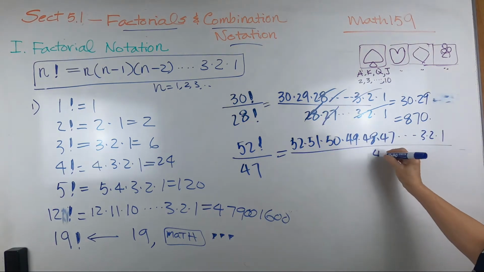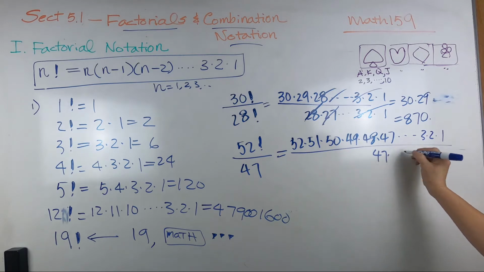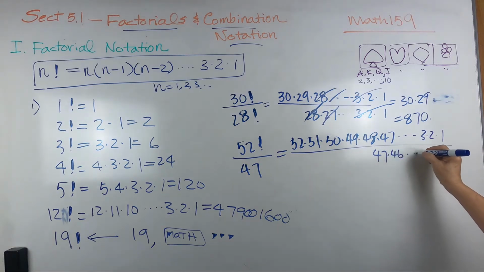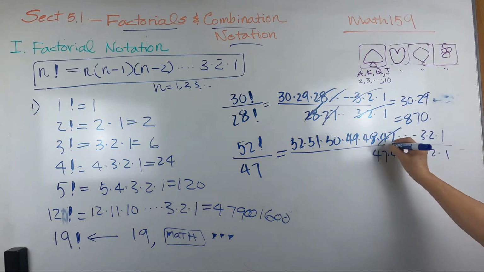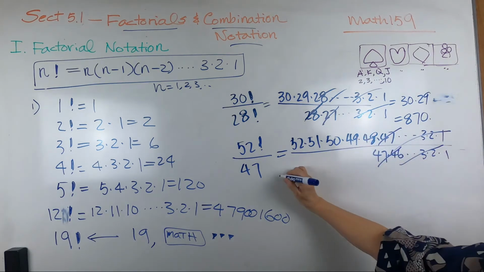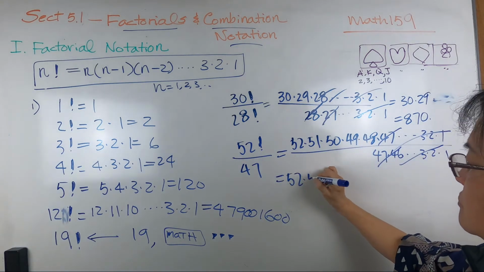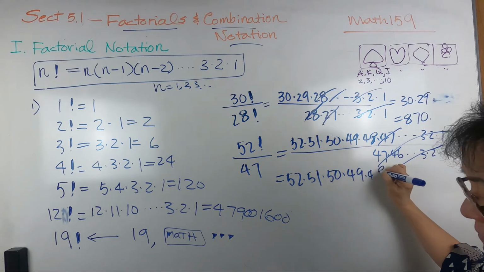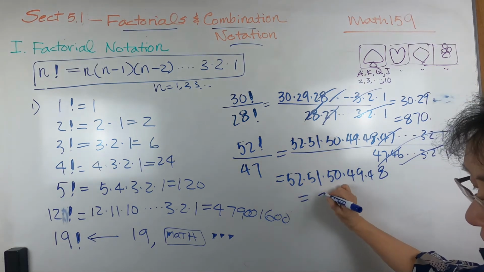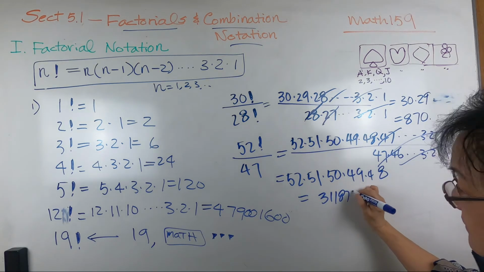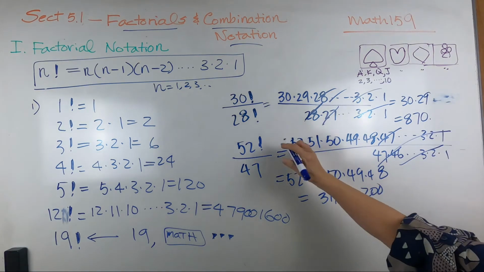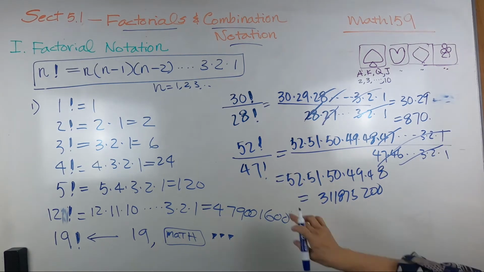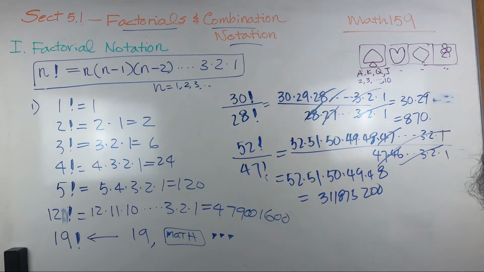Then you divide it by 47 factorial, which is 47 down, 46 all the way to 3, 2, 1. So you cancel those, then you end up with 52 times 51, 50, 49, 48. Then you should get 311875200. That's how you do the calculation on factorial.